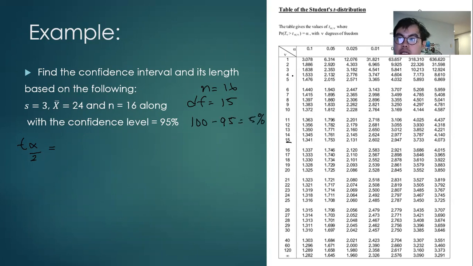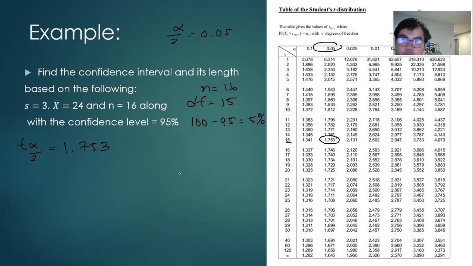So we're going to locate the 5%, which is here. This is 1.753, which corresponds to this significance level and the 15. So the alpha over 2 is 0.05.